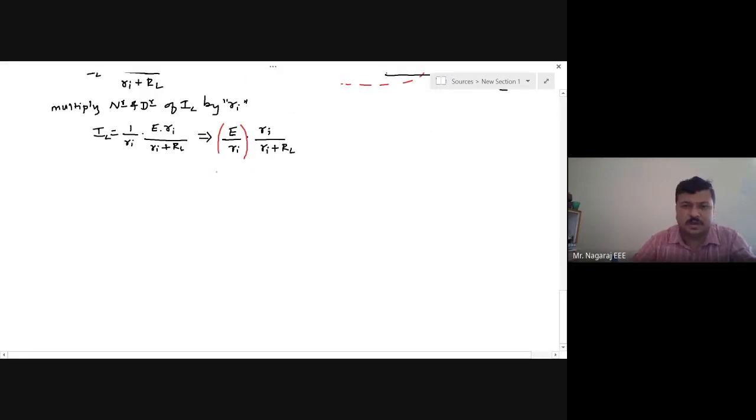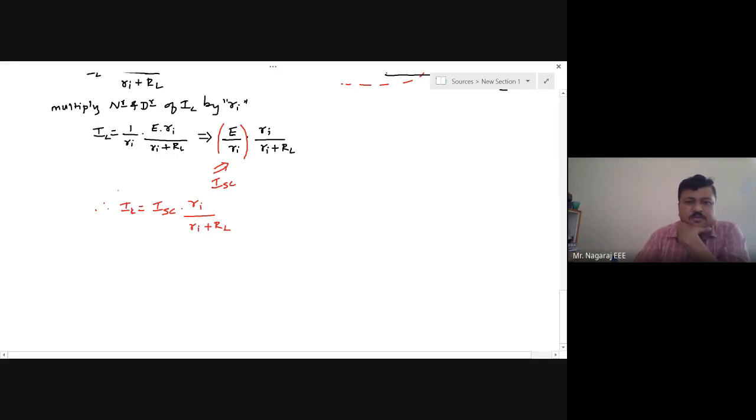So E divided by Ri is nothing but my ISC. Is it? So therefore, I will write IL is equal to ISC into Ri divided by Ri plus RL. Fine.